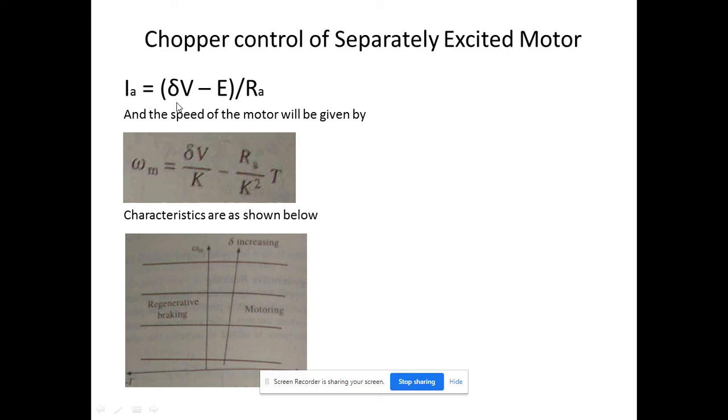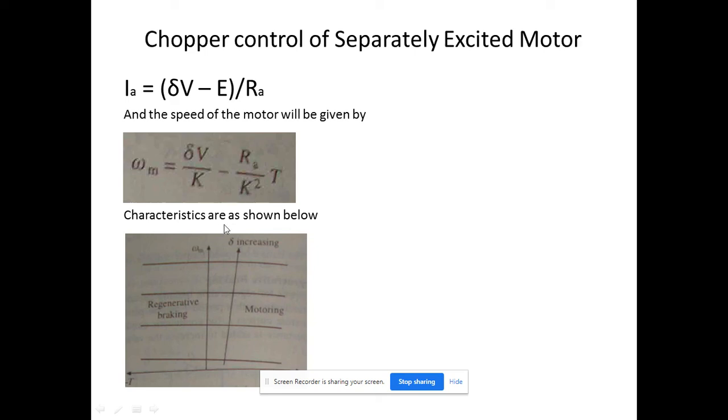Here the input voltage to the motor is delta V. So the armature current is given by Ia equal to delta V minus E by Ra. And further, if we derive for the speed, then we get omega m, the speed of the motor, equal to delta V by K minus Ra upon K square into T, where T is the torque and K is the constant.